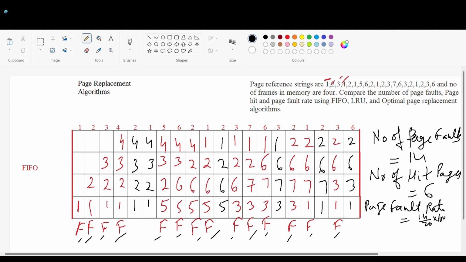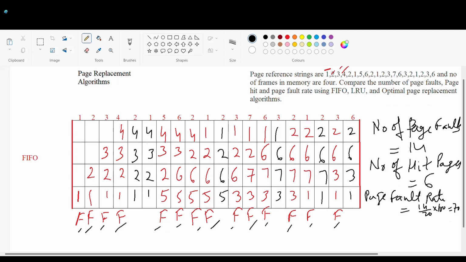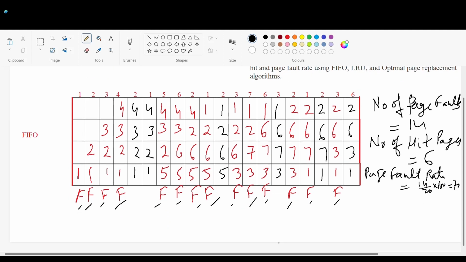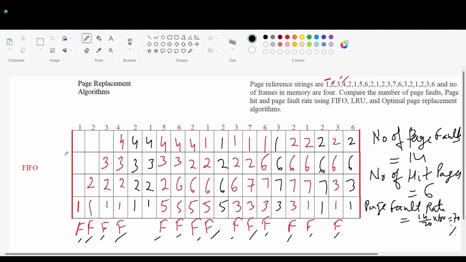So 70%, right? So 70% is the fault rate. Clear? So the fault rate here is 70%, right? So this is the question that we solved today.